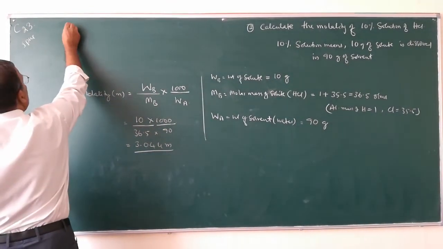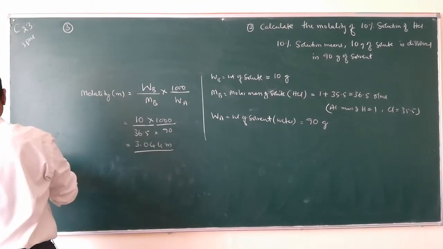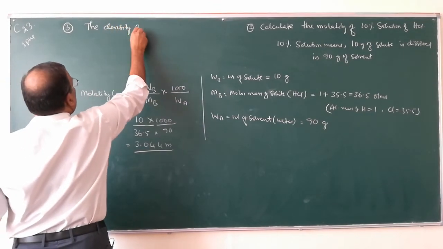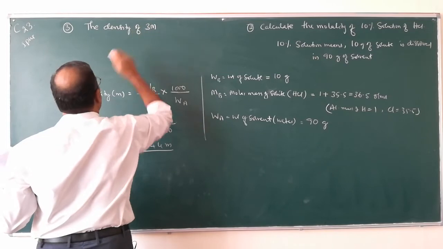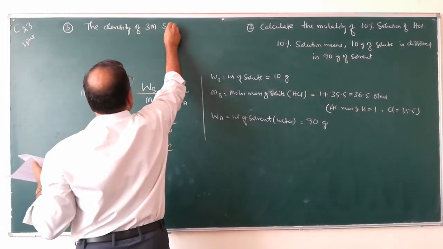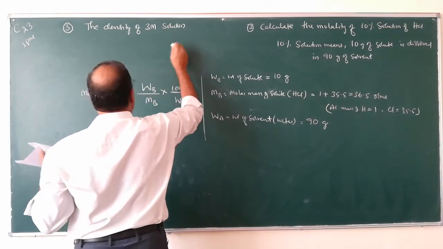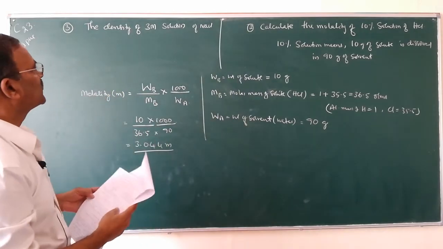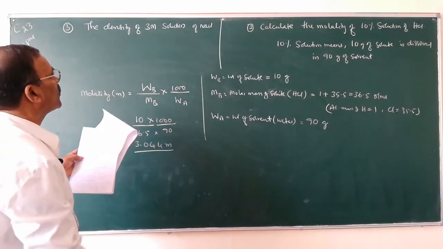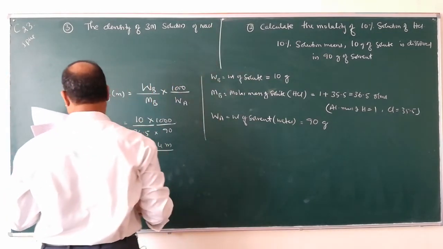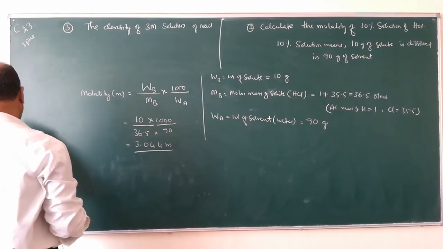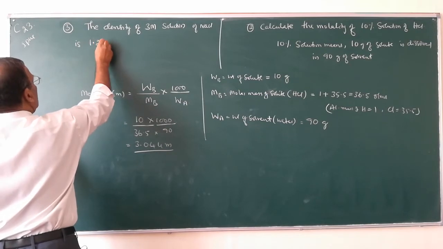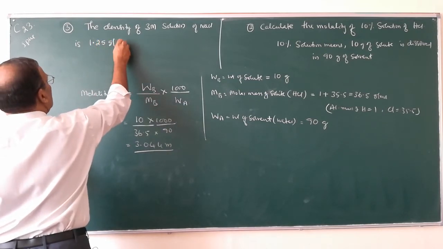Problem number 3: the density of a 3M solution of sodium chloride NaCl is 1.25 gram per ml.